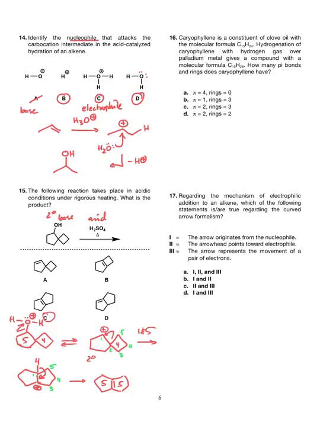Question 16 is asking you about degrees of unsaturation for the terpene caryophyllene. So if you're hydrogenating it with palladium metal in hydrogen gas, you're going from C15H24 to C15H28.